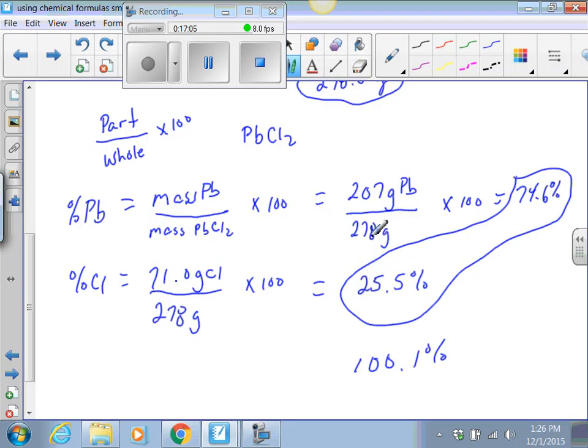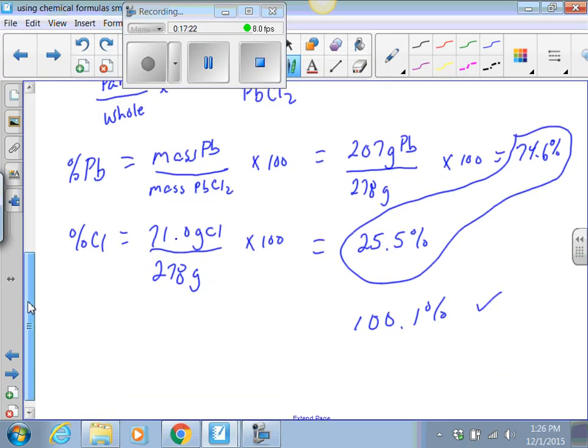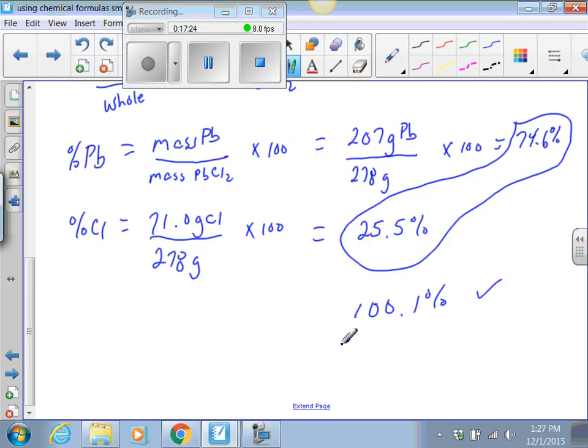So that's a rounded value. And the lead is also slightly rounded. And I've rounded at each step of the calculation as well. 74.6 and the 25.5 are both rounded values. So this is an acceptable value, 100.1%. You would hope, of course, that it would be exactly 100, but in this case it wasn't, again, due to rounding.